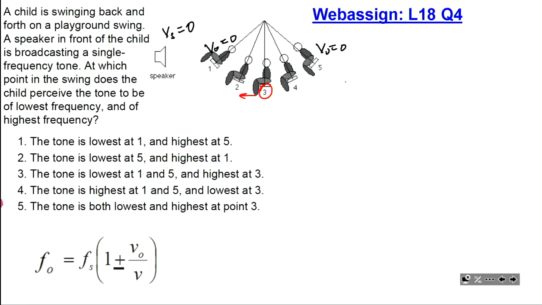Either way, yeah, when this guy travels toward the speaker, he experiences the sound with the highest possible pitch and away with the lowest. So for this direction we should choose a plus, for this direction we should choose a minus in that equation.